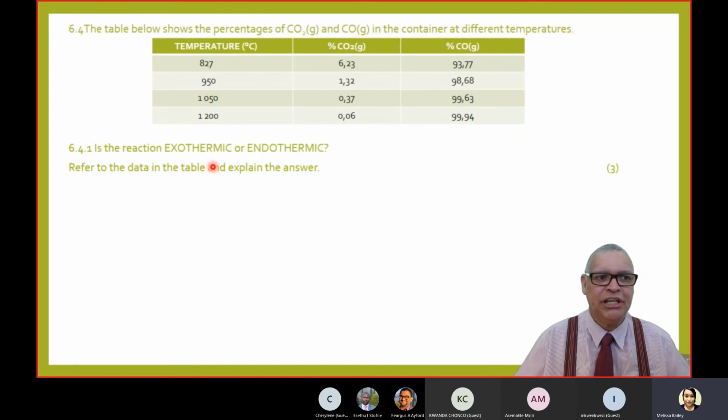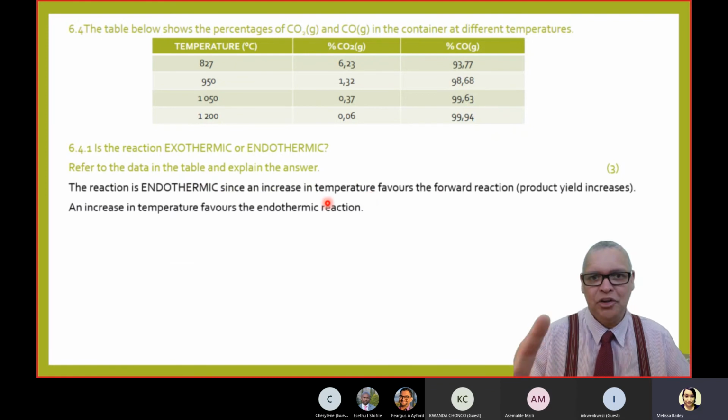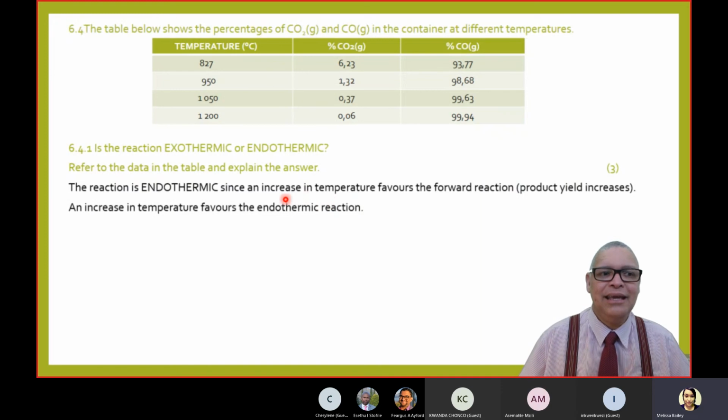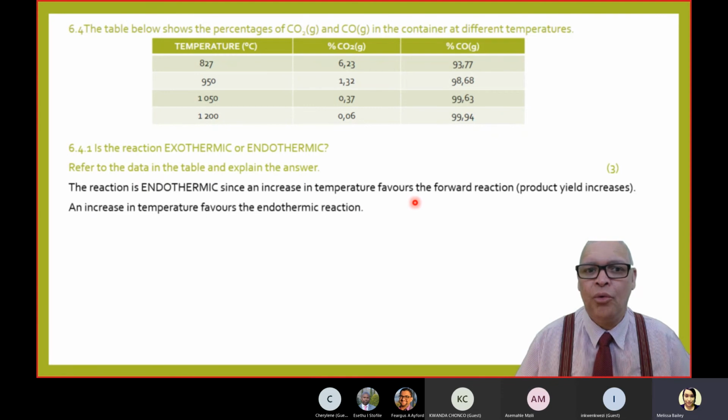So look at this question, 6.4.1, based on that table. Is the reaction exothermic or endothermic? You may be wondering, how on earth do I figure that one out? Well, it says refer to the data in the table to explain your answer. Notice, the reaction is endothermic since an increase in temperature favors the forward reaction.